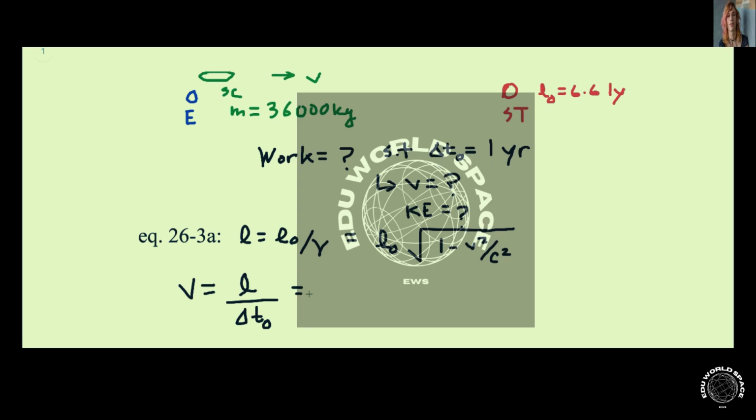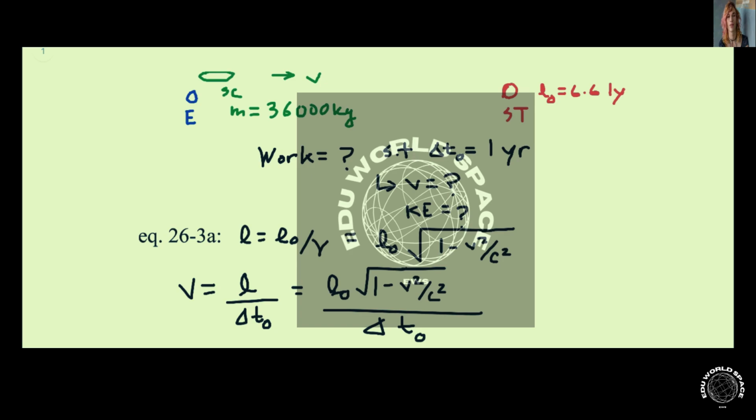So you have L naught times square root of 1 minus v squared over c squared, over delta T naught, right? So v is the only unknown. You know L naught, it's that. You know delta T naught, it's that, right? Okay, let's move to the next page.